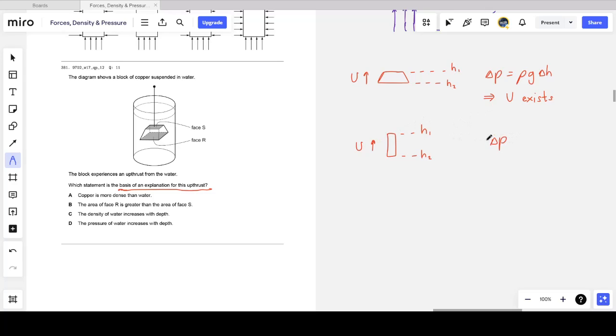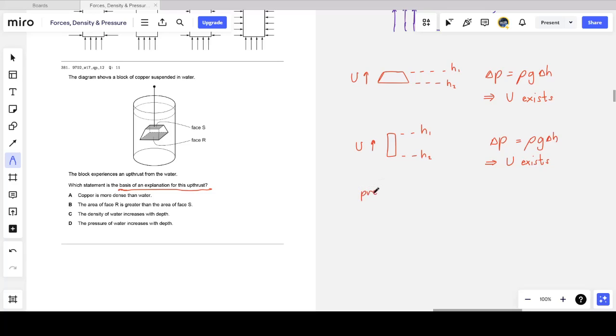So can I say that it is because copper is more dense, or because face S has a larger surface area than face R? No, because there's still a delta P, there's still a rho g delta h, and there's still an upthrust. So again, there is a U that exists, there's an upthrust that exists.